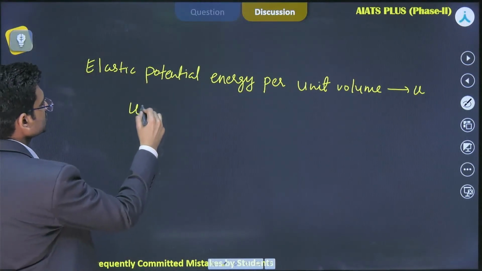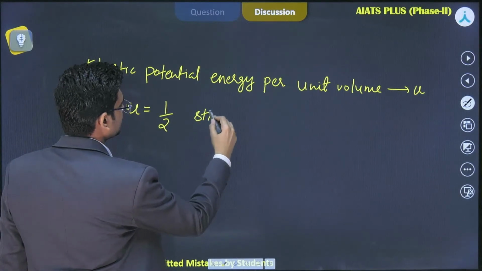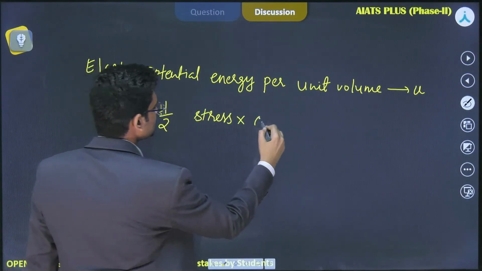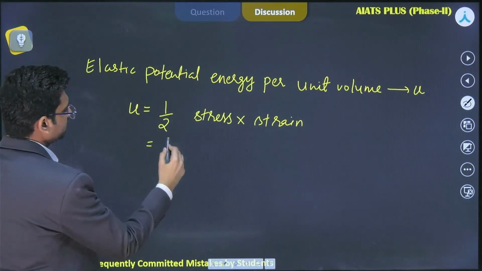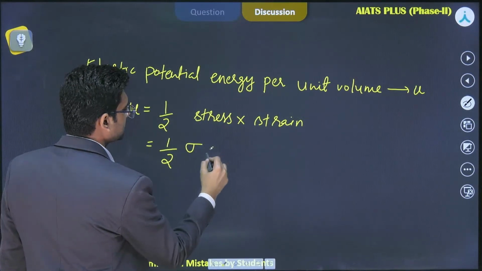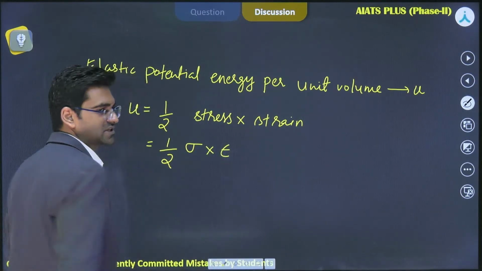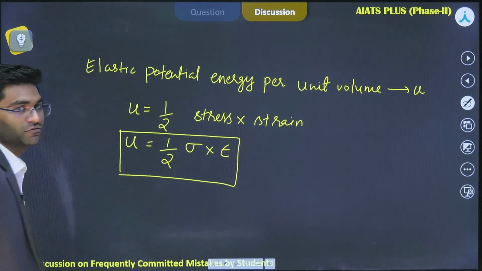So small u is equal to half stress into strain. Stress is denoted by sigma and strain is denoted by epsilon. So this is the formula we have: u equals half sigma into epsilon.